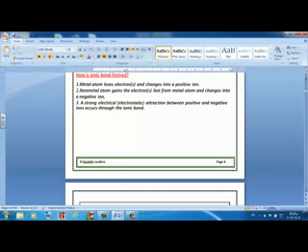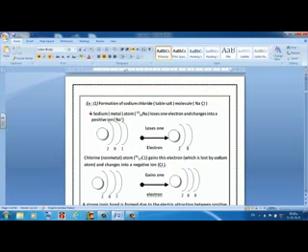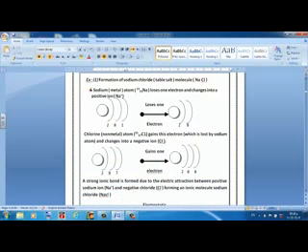And we will see an example for an ionic bond to show how the ionic bond is formed. Here we have example number 1, formation of sodium chloride, table salt molecule NaCl.